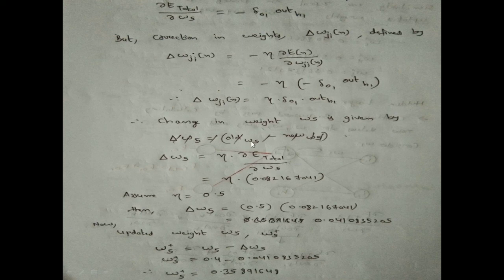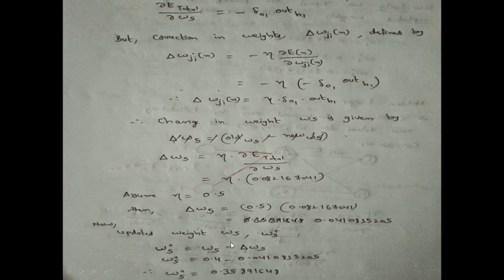We have already calculated this value as 0.082167041. Now this eta is the learning rate parameter. Let us assume that the eta value is 0.5. Then the final delta W5 value will be 0.5 into this value, which we got as 0.0410835205.